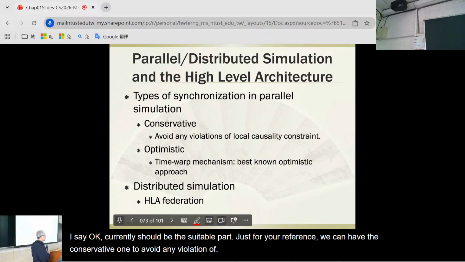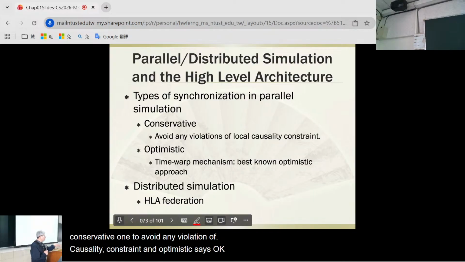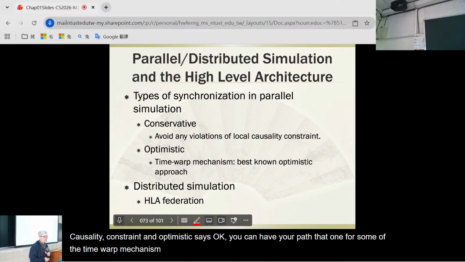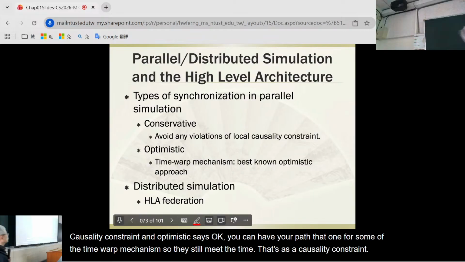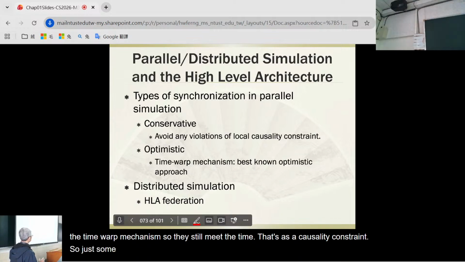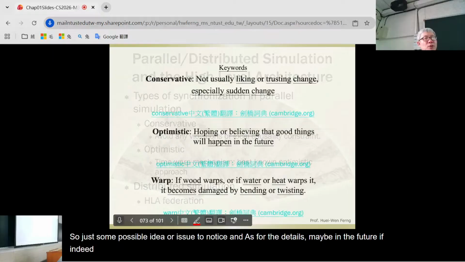And optimistic says, okay, you can proceed, but with the time warp mechanism, it still meets the causality constraint. So these are just some possible ideas or issues to notice. As for the details, in the future, if you indeed want to use them, you can check.